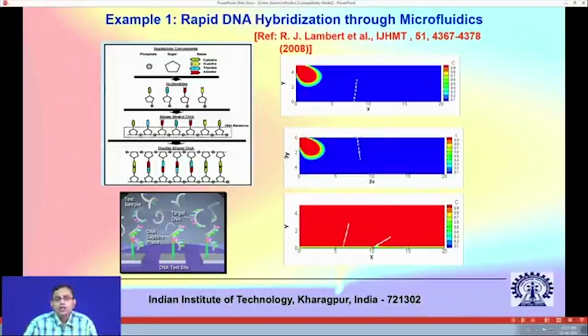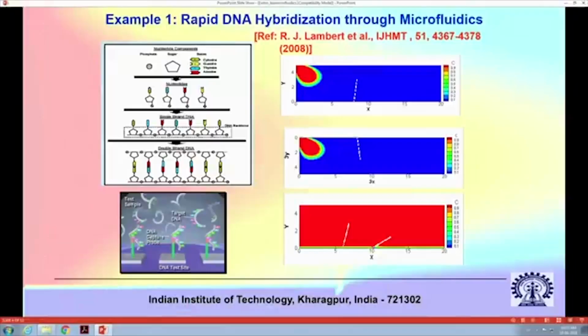Now, how will this DNA hybridize? This DNA has to move through the sample, and if there is no external force applied, the DNA will move purely by diffusion. But diffusion is a very slow process. It may take years even to complete one successful DNA hybridization. So, alternatively, the technology people have been using for a long time is DNA electrophoresis. What is electrophoresis?